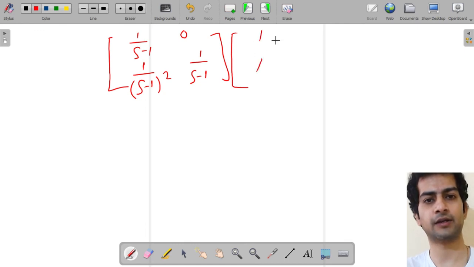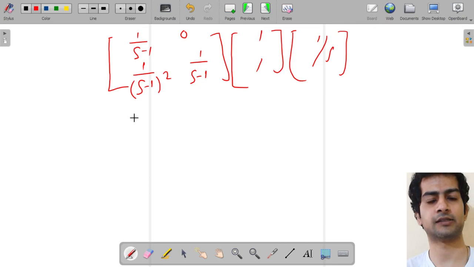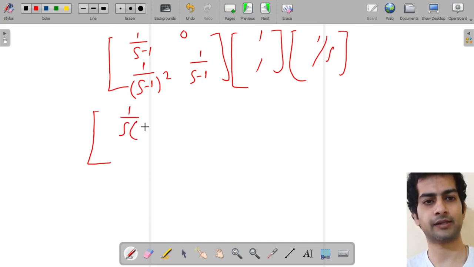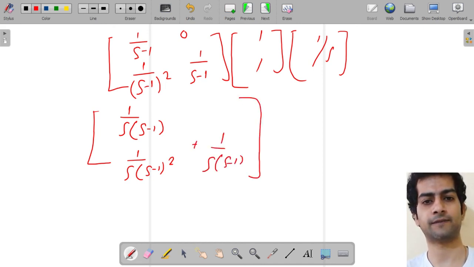Then we have B, and then we have 1 by s, that is U(s). If we do it, this is 1 by (s minus 1), and here we will get something like 1 by (s minus 1) whole square plus 1 by (s minus 1).